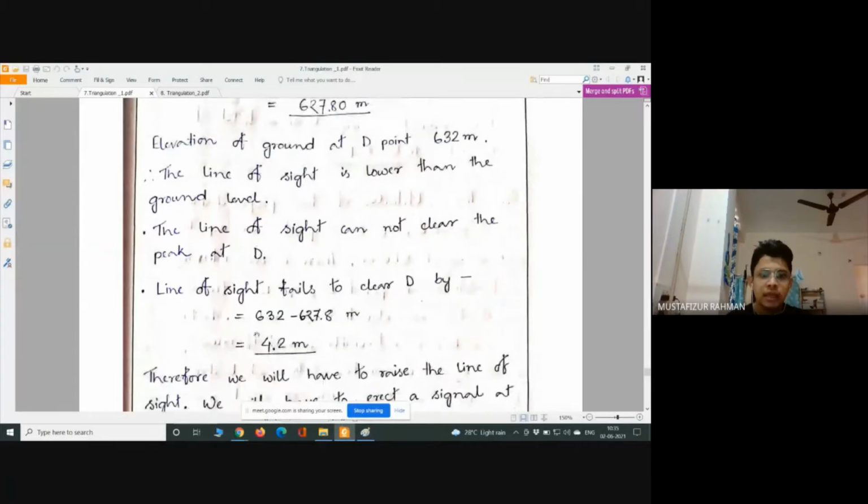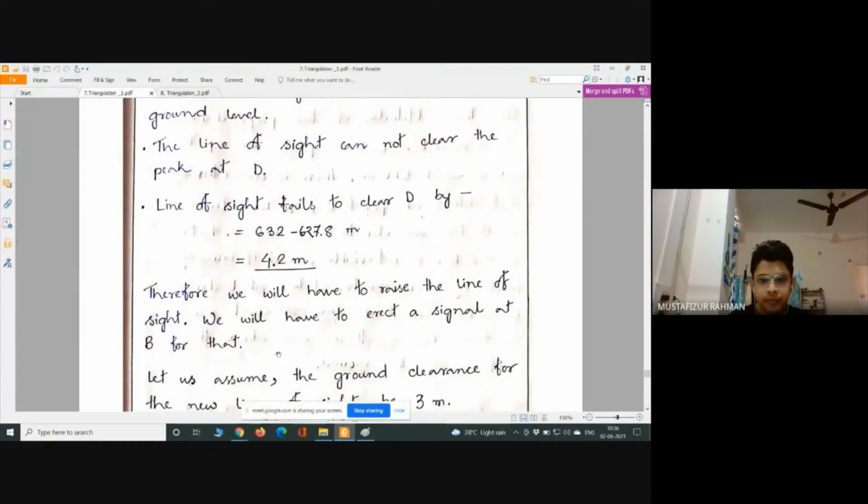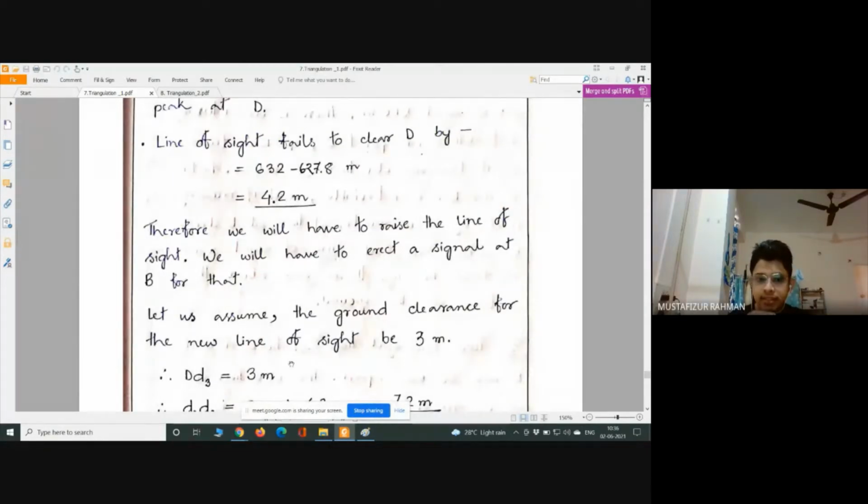First, we calculate the line of sight fails to clear D by how much? The ground is at elevation of 632. Line of sight is 627.8 meter. So 4.2 meter below the ground, right? So we have to raise it. We are assuming that we will raise the line of sight by a height of 3 meter clearance from the ground.